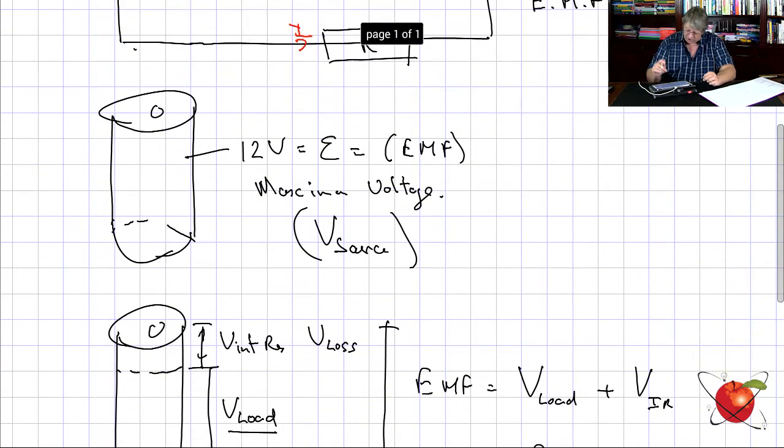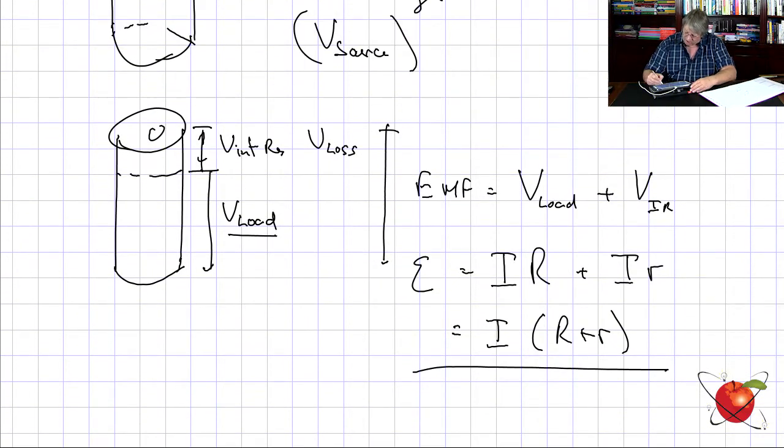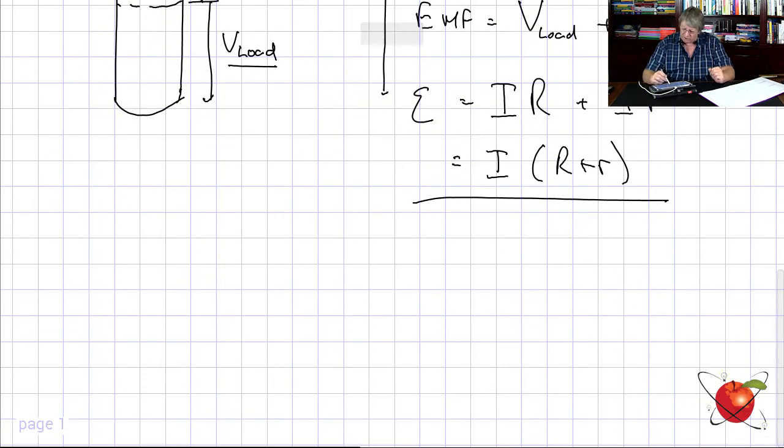That's the same as the voltage drop you get across a resistor. Remember, resistors, you get a voltage drop when the current goes through it. Now we've got the formula that we're going to see and use.